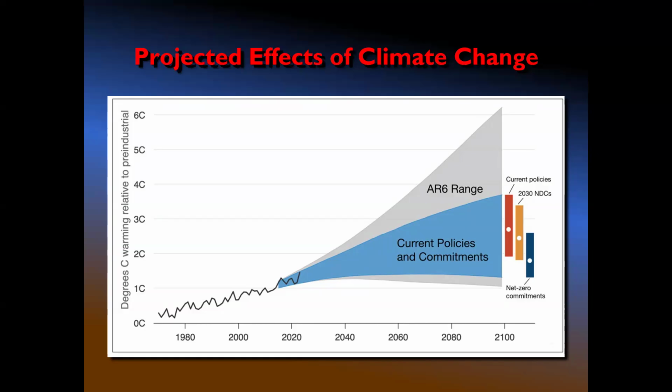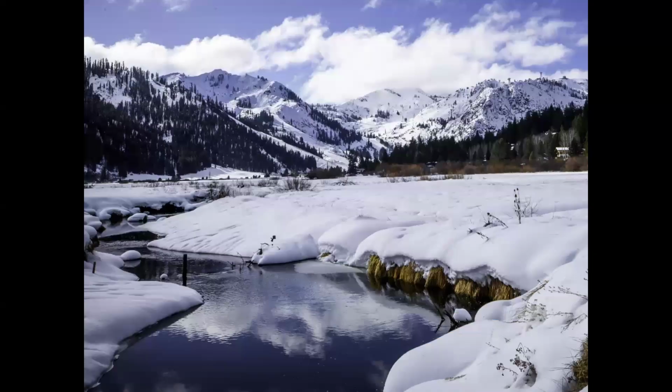We're going to talk about this more. I'm just touching on it here briefly, but you can see that current policies over there on the right show a big increase in temperatures, whereas if we move towards other commitments like net zero commitments, we can reduce these greenhouse gas concentrations and consequently we can reduce the warming through time.